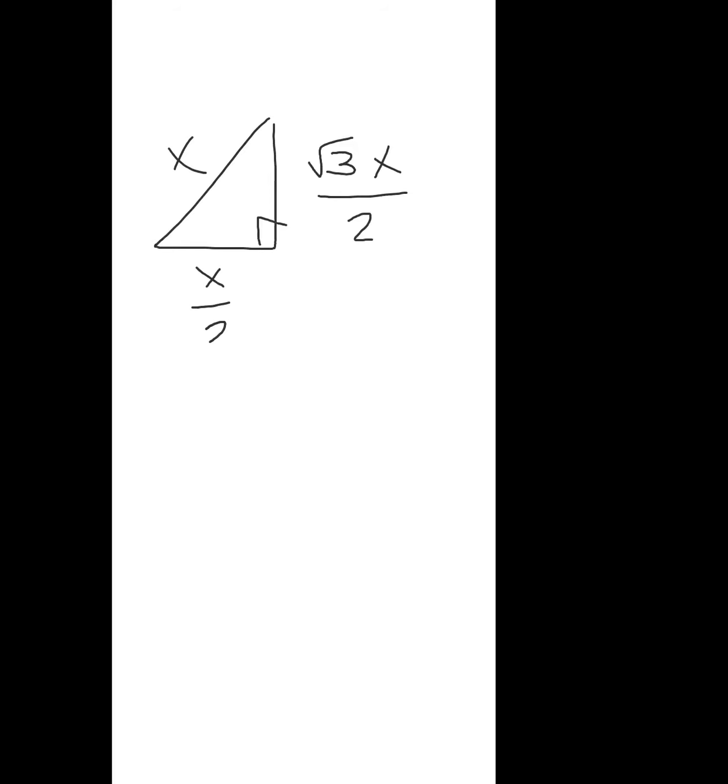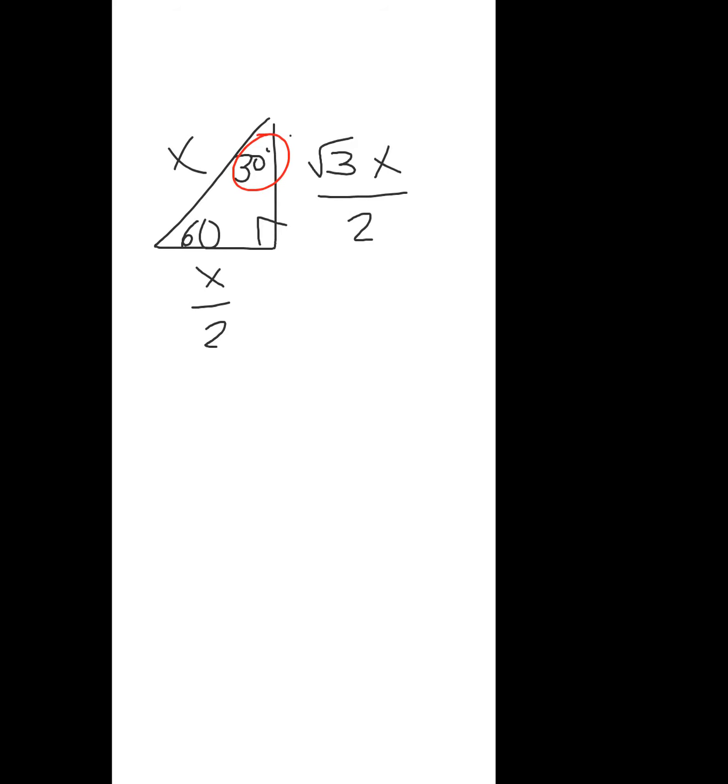So ngayon, kailangan natin kuhanin yung values ng ating mga trigonometric ratios of 30 degrees. So dito tayo tumingin sa ating angle 30 degrees. Okay? So ano ba yung mga trigonometric ratio natin? Yung ating 6. We have sine, cosine, tangent, at yung kanilang mga co-function, which are cosecant, secant, and cotangent.